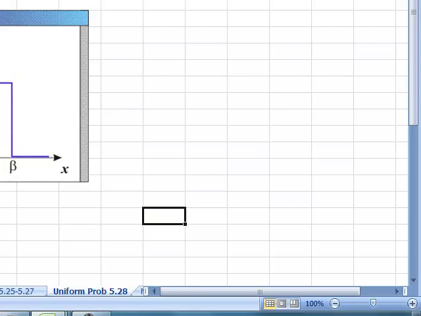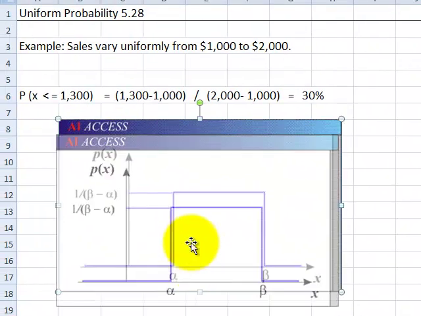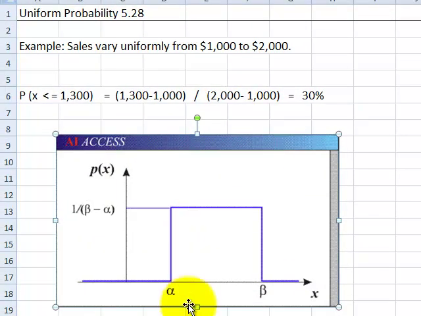The probability of less than 1,300 is equal to 1,300 minus 1,000 divided by my entire range. Because what I'm basically doing is saying, how much of this range of the uniform distribution have I covered? Well, I've covered 30% of it. So the probability is 30% of that event. These are very rare, that you get a uniform probability distribution.